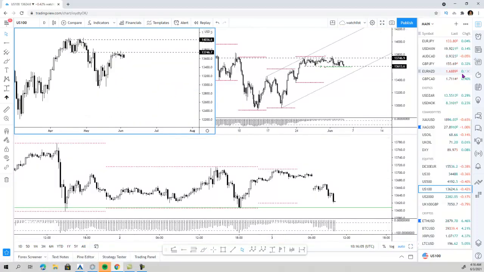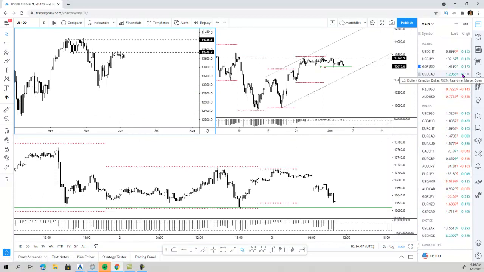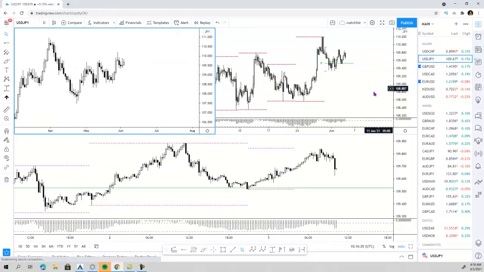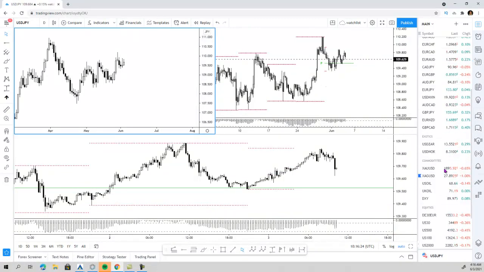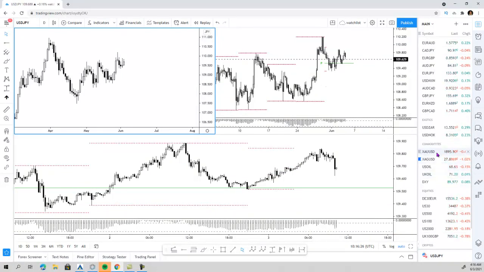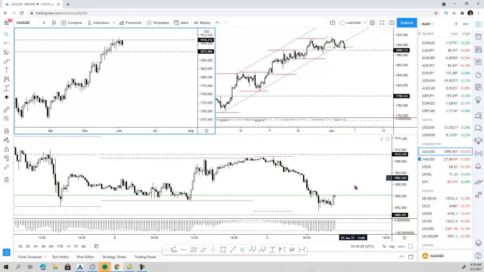For the time being, the positions that we have on are enough for what we are seeing on the markets, more so on the US dollar and on the pound, right?